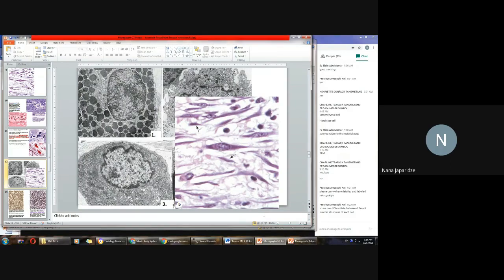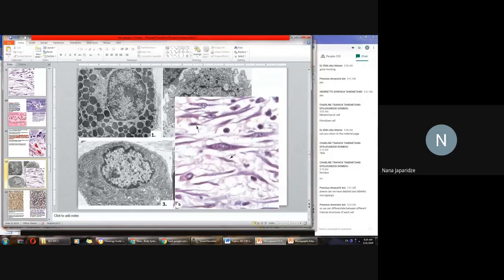But I think this is the most interesting part. Okay, you will have everything. But at this moment, the second midterm will include only micrographs of LM, light microscopy.